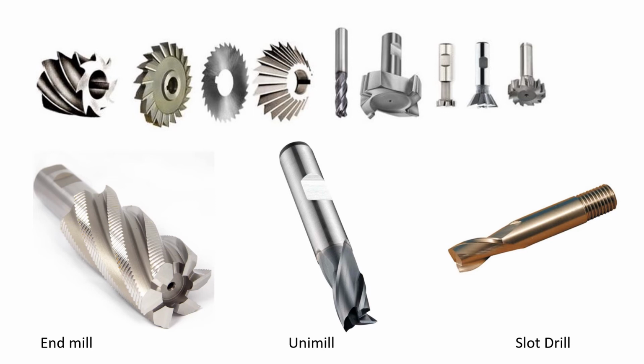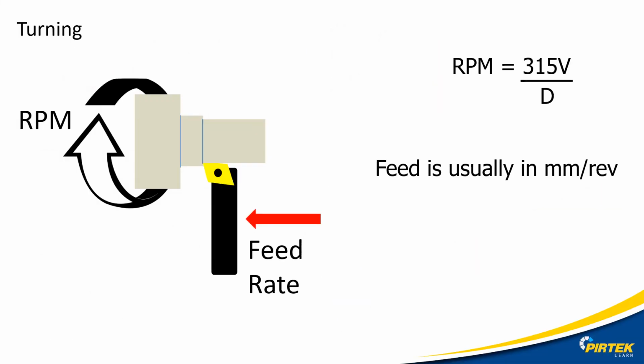The uni mill is the best of both worlds. It has 3 flutes and the ability to plunge to its full diameter. Revolutions per minute and feed rates when turning. The D value in the formula is the diameter of the part that's rotating.